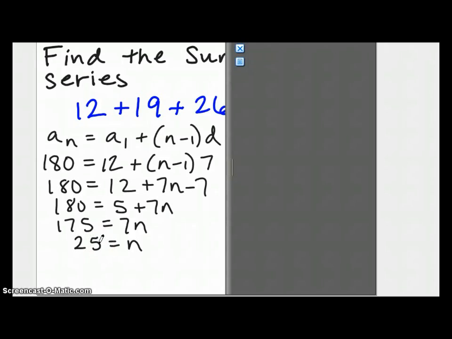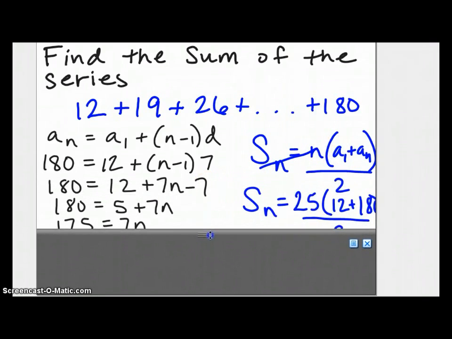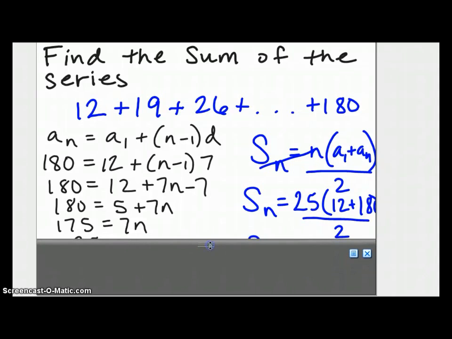And now I can use that in my summation equation. So now I have an a sub 1, I have 12, I have 180. I do know my n value now, which is 25. So I can plug that in. So I can do 12 plus 180, which will give me 192.